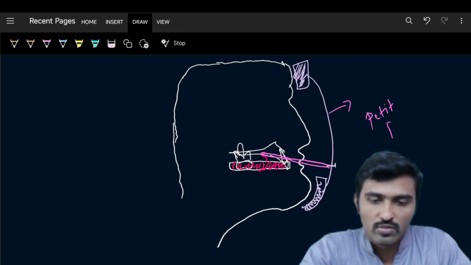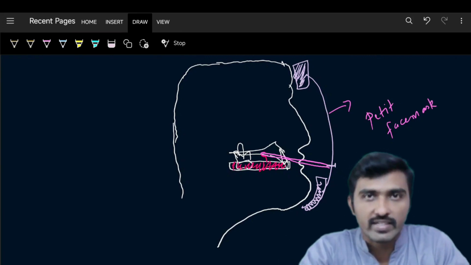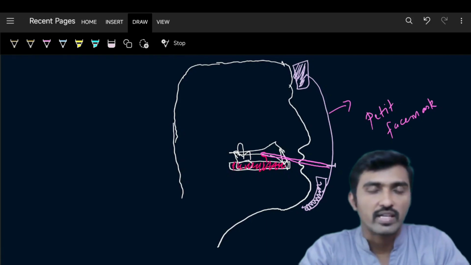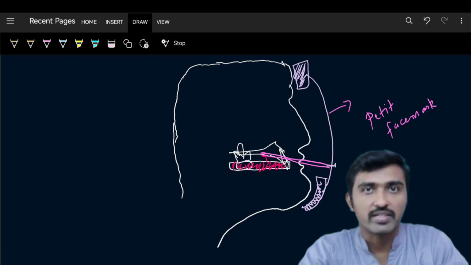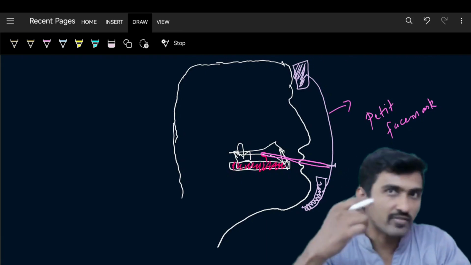Now, face masks are used for people who have class 3 skeletal malocclusion because of deficient maxilla, meaning in class 3 malocclusion, the maxilla is posteriorly positioned, which would otherwise require the protraction of the maxilla.